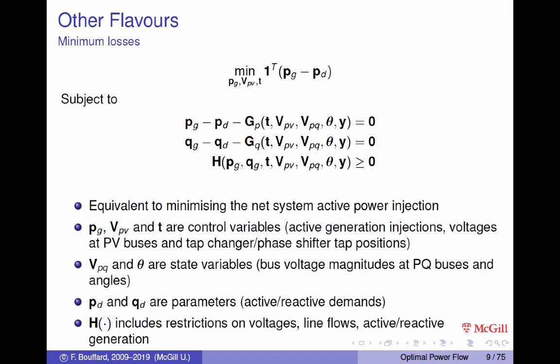And T here would be the tap changer set points of the tap changing transformers. The two equality constraints are vector constraints in this case. The first one would be the active power balance, and the second one would be the reactive power balance throughout the network. And h of all these variables being greater than or equal to 0 represents all the other constraints, be it on state variables or on control variables.